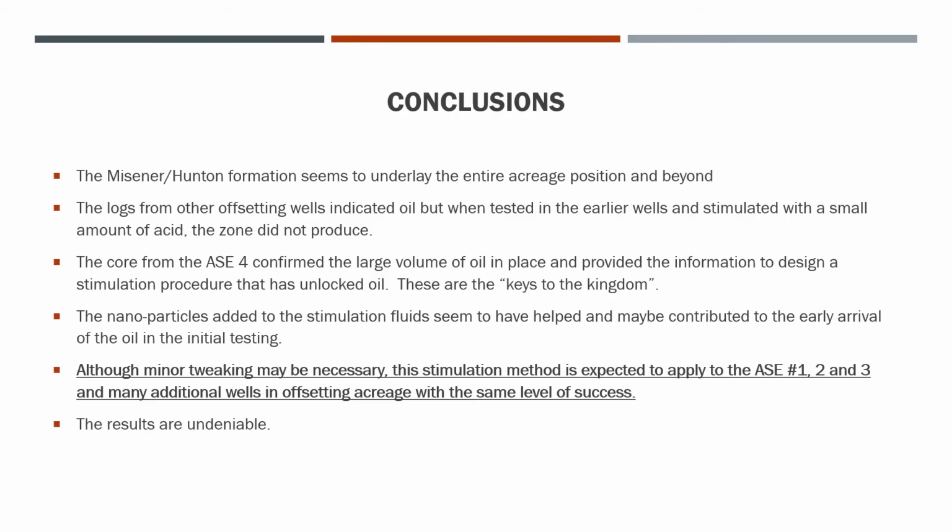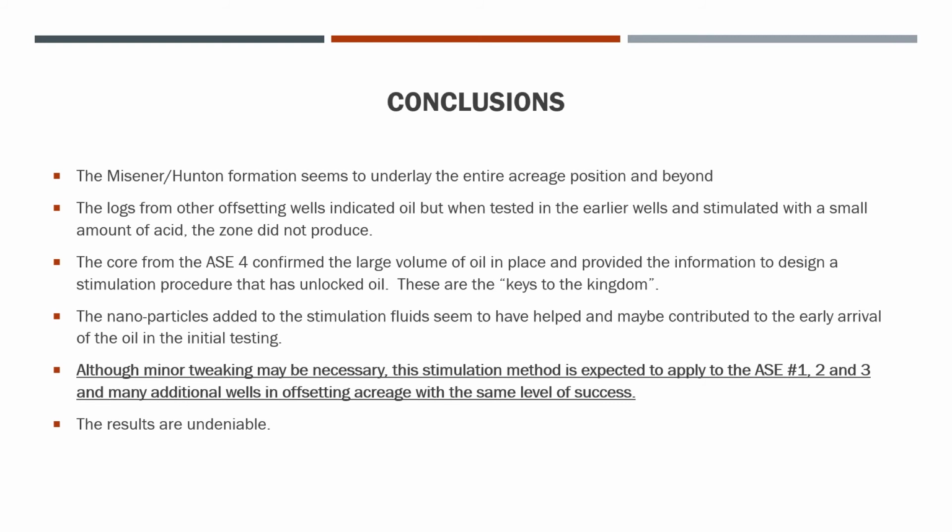So, what can we conclude from all the work that we've done? First, the Misener Hunton formation underlays the entire acreage position and beyond. The logs from the offsetting wells indicated oil, but when we tested them earlier with a small amount of acid stimulation, we couldn't get them to produce. So we knew we were going to need something more, but we didn't know what.